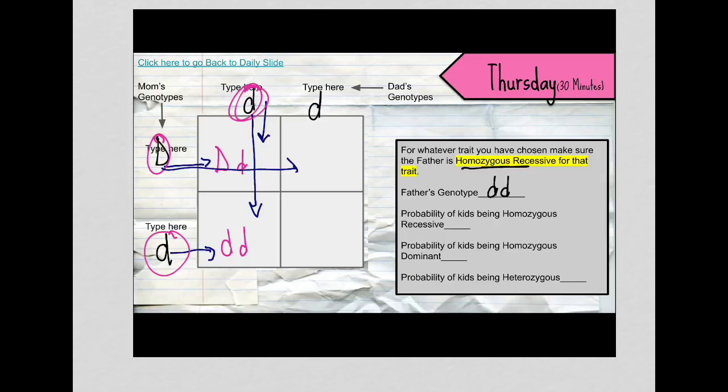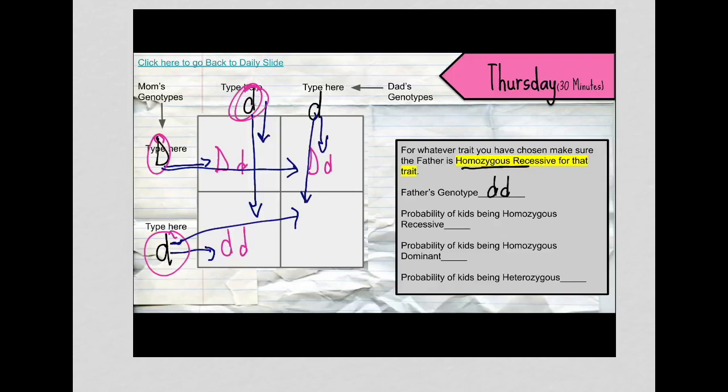Now we got to do it for this side, okay? So this is going to be a capital D, and then this one is going to be a lowercase d, okay? Then you have to do it for the one at the bottom. So this one is going to go over here, and this one is going to come down here.